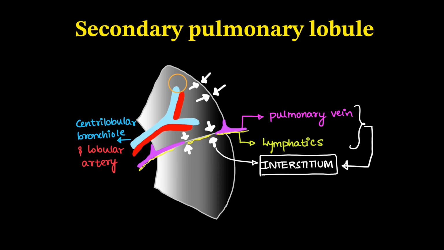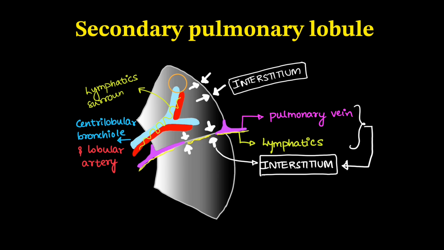Along the pleura also we have this interstitium running, not only in between the secondary pulmonary lobules. Along the centrilobular bronchiole and lobular artery also lymphatics run. This is nothing but the peribronchiolar interstitium. So this is also part of the interstitium. Interstitial lung disease can affect any of these structures.